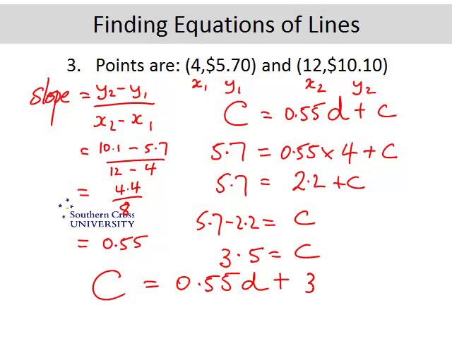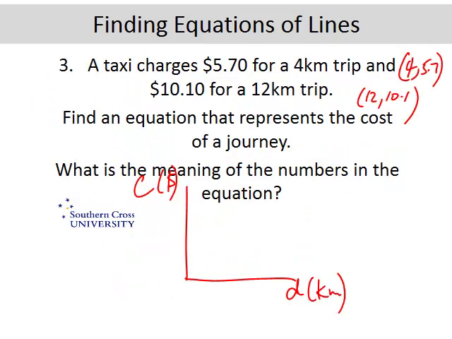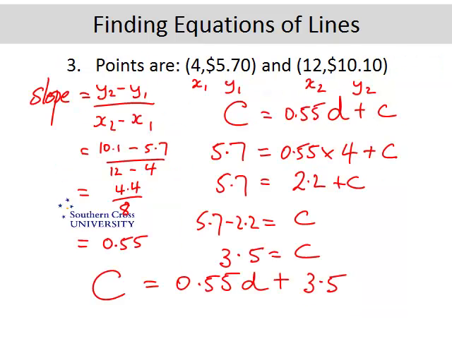plus 3.5. Now if we go back a slide, it asks at the bottom, what is the meaning of the numbers in the equation? So what is the meaning of 0.55 and what is the meaning of 3.5? Well, 3.5 is our y-intercept. So that's what taxis often call the flag fall.